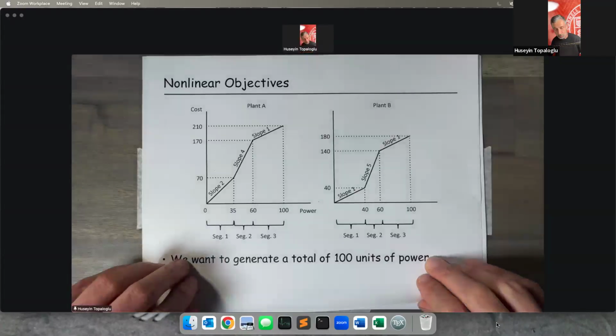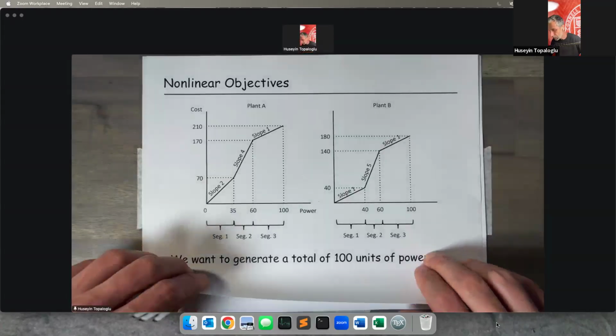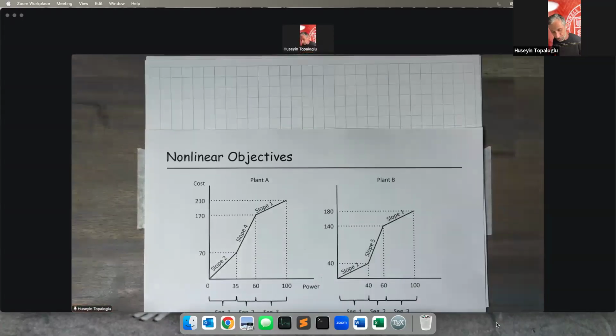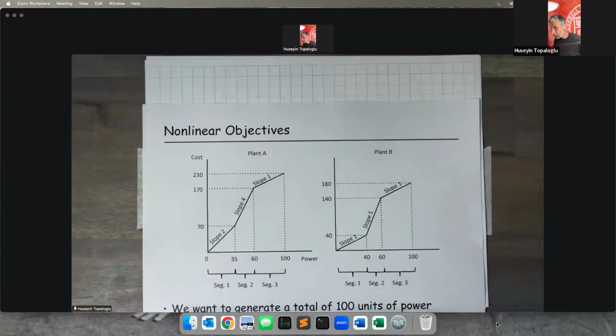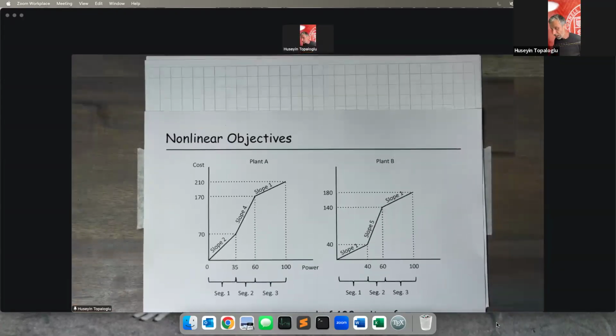So we're going to define two types of decision variables. In each one of these curves, we have multiple segments. Let's call this segment 1, segment 2, and segment 3. Likewise, in this curve, we have segment 1, segment 2, and segment 3.